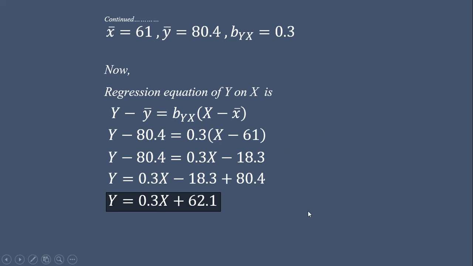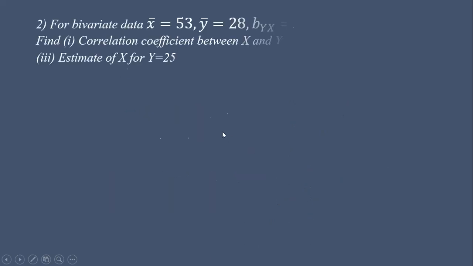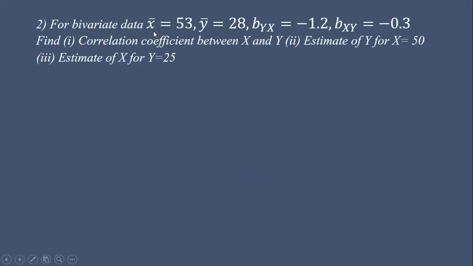Okay, now let us see one more example. For bivariate data, x bar is equal to 53, y bar is equal to 28, byx is equal to minus 1.2, bxy is equal to minus 0.3. Find, first, the correlation coefficient between x and y, that is the value of r. Second, the estimate of y for x is equal to 50.